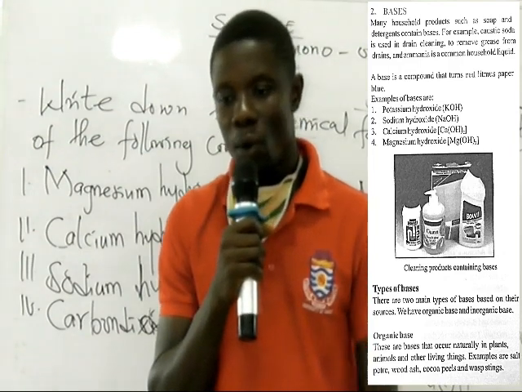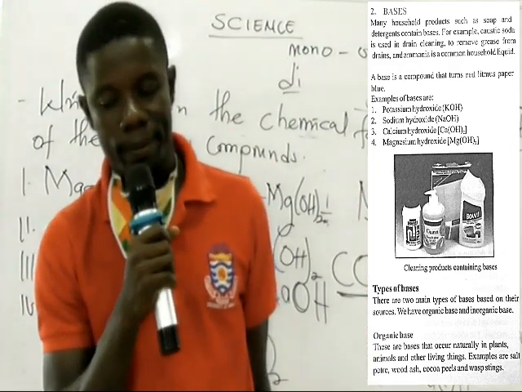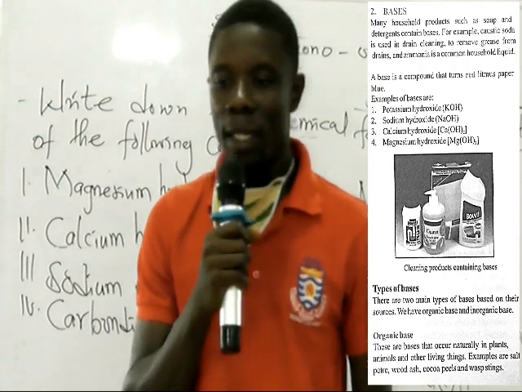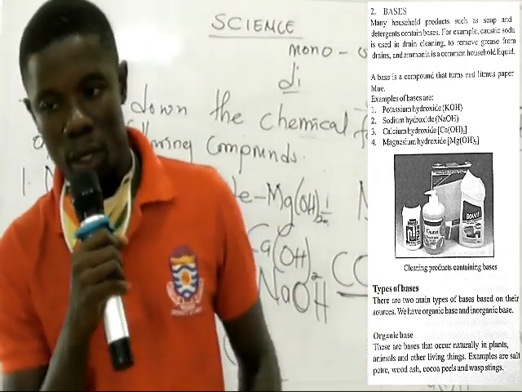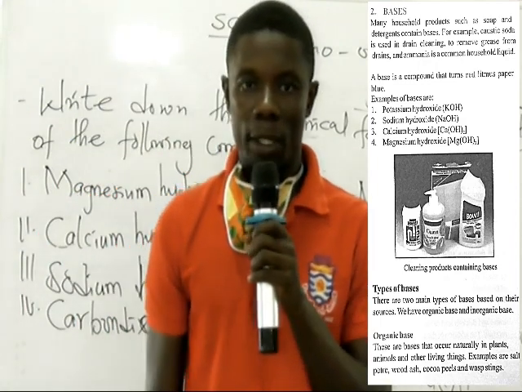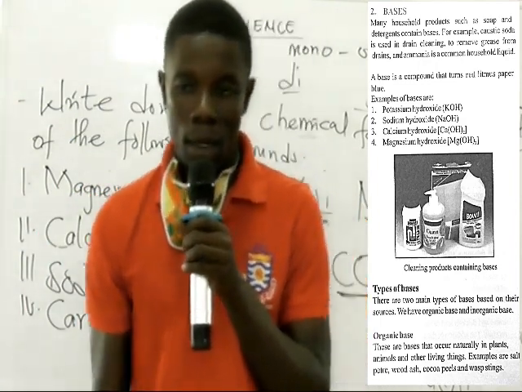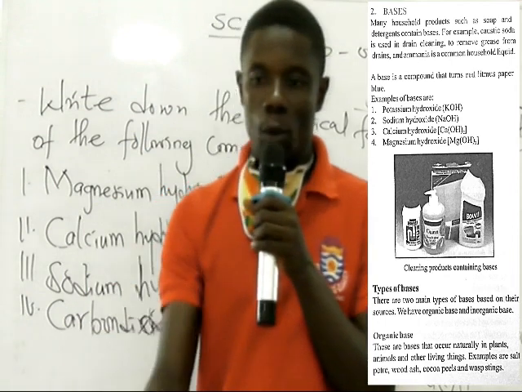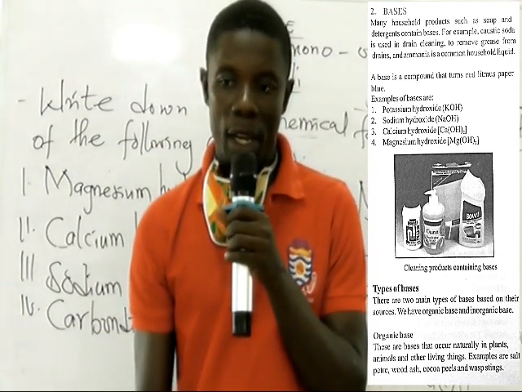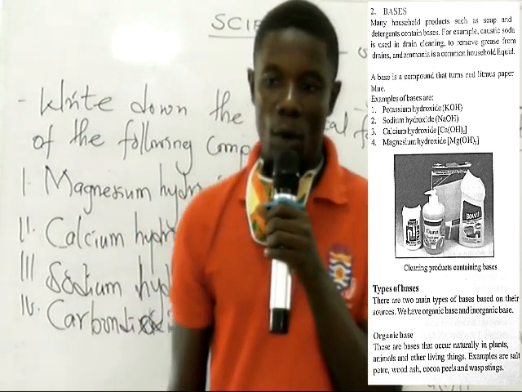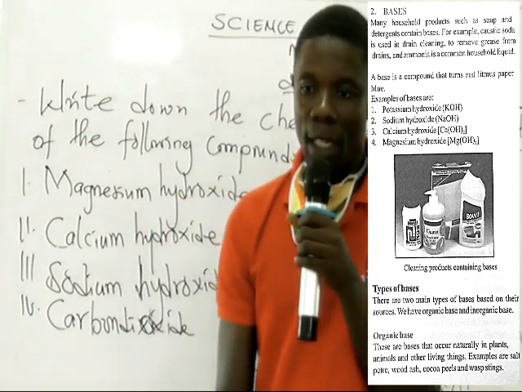Now, let's go to inorganic base. Inorganic bases are manufactured in the science laboratory. You can see some examples over there. We have potassium hydroxide, sodium hydroxide, calcium hydroxide, and magnesium hydroxide.